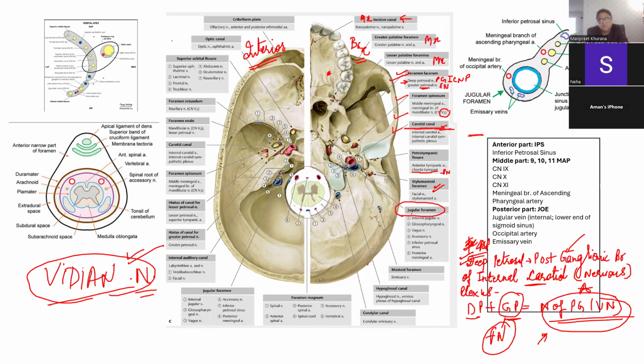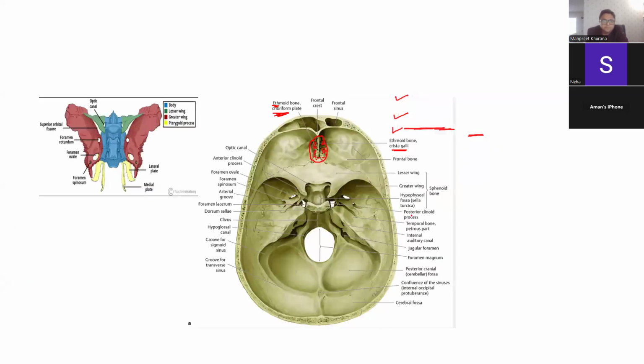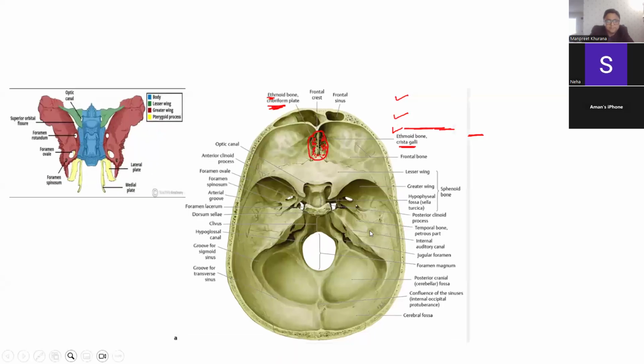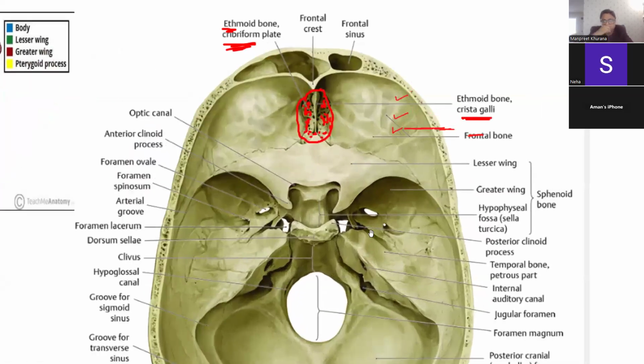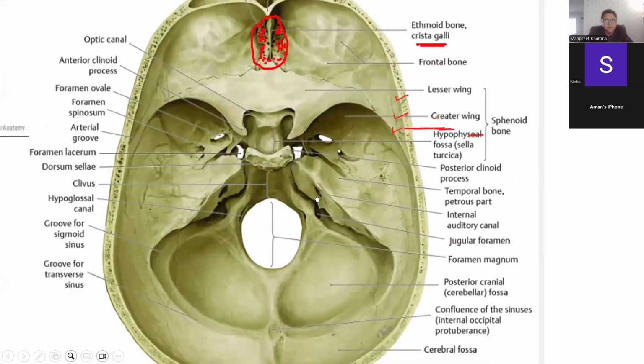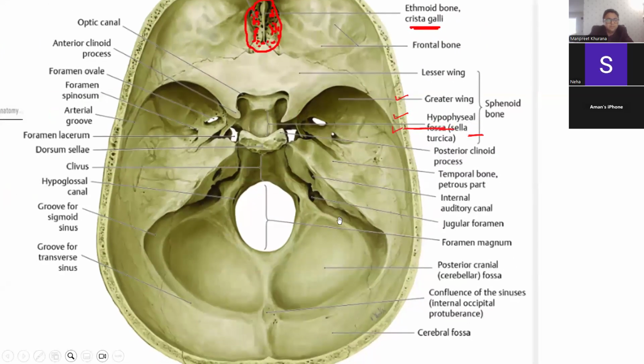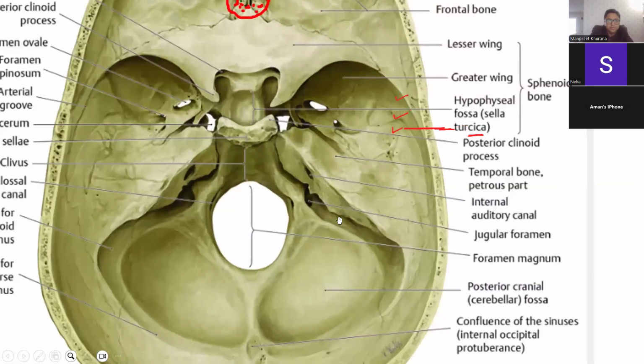Now, let's first see where actually the jugular foramen is, where we can see it clearly. Okay, so in this picture, let me just zoom in. If we go down, zoom in more. This is the jugular foramen on both sides.